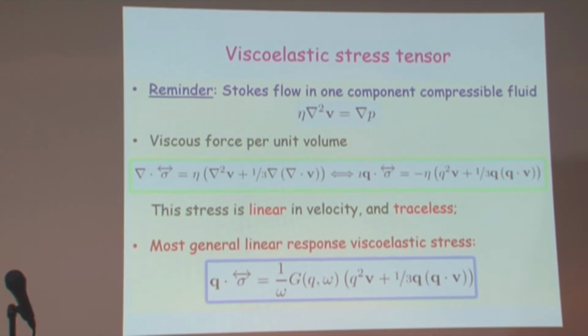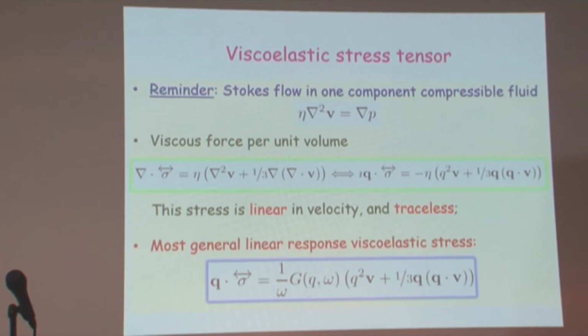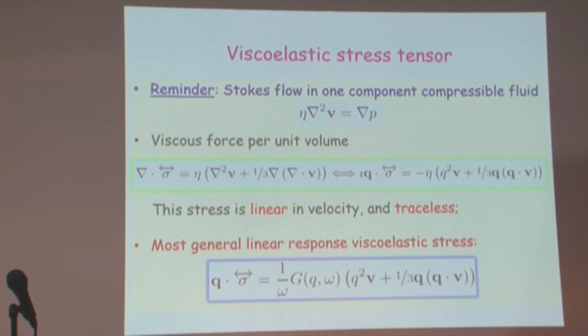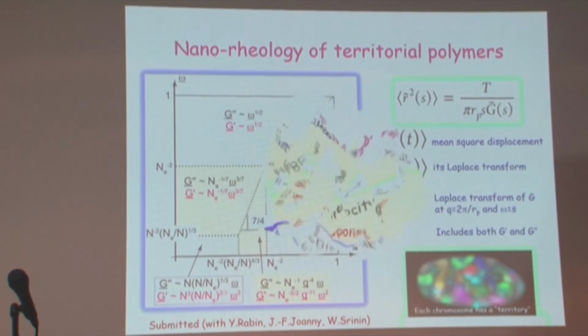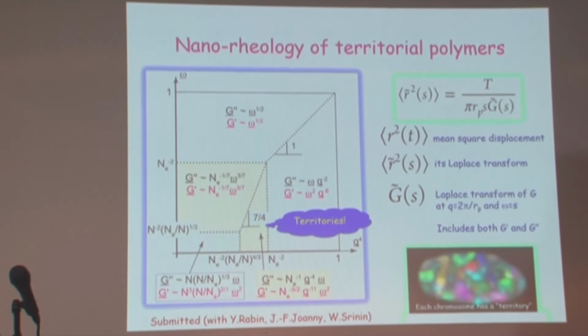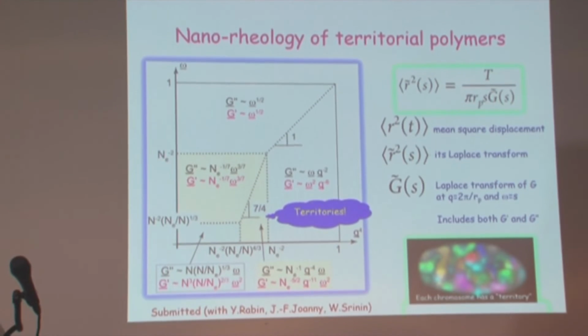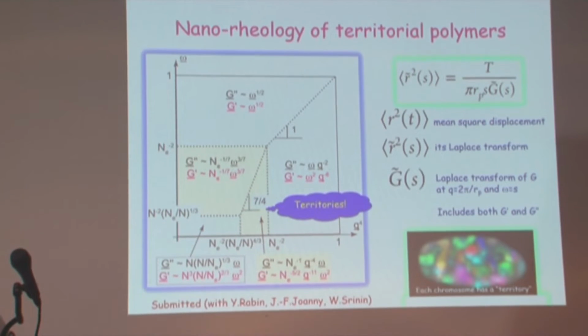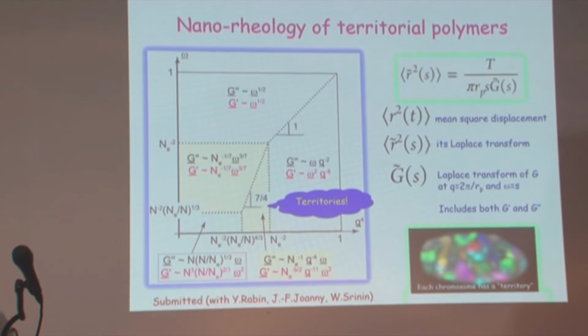So therefore, the first thing to do is to write the stress developed in this chromatin polymeric material, and there is standard physics how to do it, except now we need to look at this generalized elastic modulus, viscoelastic modulus, something that Professor Spakovich was already referring to. But we need to do it for a specific object, which was not looked at before in polymer physics, because nobody was considering this territorial organization of polymer chains, and you know that chromosomes occupy territories.